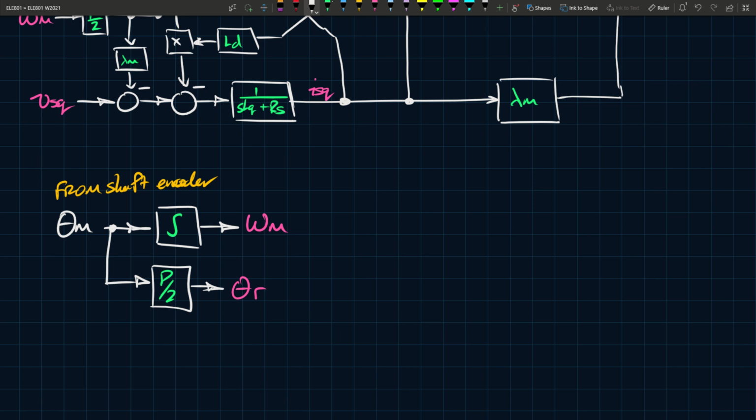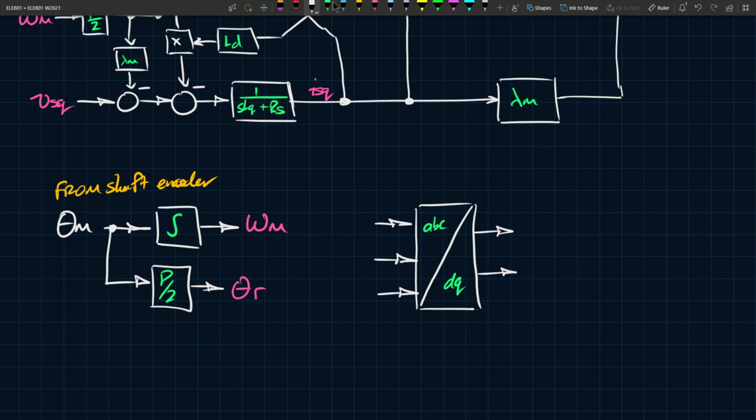Then you also need to somehow generate VSD and VSQ, right? So how do you generate VSD and VSQ? You have a three-phase signal that goes in. And remember, we had these ABC to DQ frame conversions. So we had ABC to DQ, and the DQ outputs are VSD and VSQ. And this is VSA, VSB, and VSC.